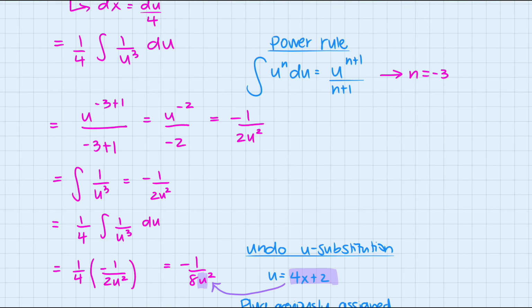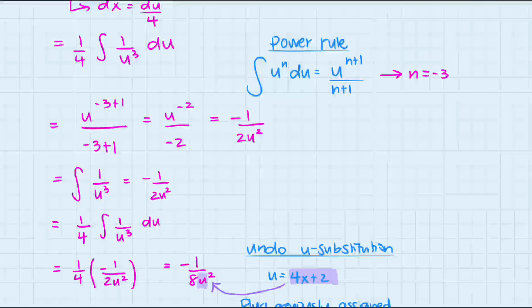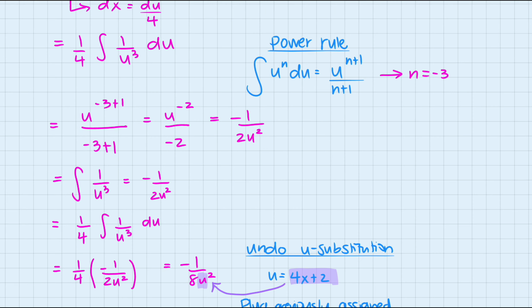Anything that's on the bottom becomes a negative power, so you can write it as 1 over u cubed or u to the negative 3. So n is negative 3, and we get u to the negative 3 plus 1 over negative 3 plus 1, which is u to the negative 2 over negative 2, which equals negative 1/2 u to the negative 2, or negative 1/2 u squared in the denominator.